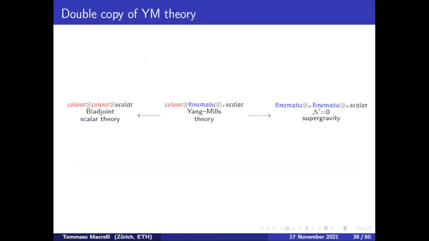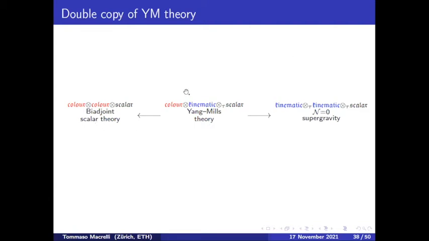And we can consider the double copy of this theory. At the level of homotopy algebra factorization, the double copy is realized in this way. We have here Yang-Mills theory, and we can substitute a factor with a copy of the other factor. For example, we can substitute kinematics with a copy of the color factor. What we will obtain in this case is a bi-adjoint scalar theory.